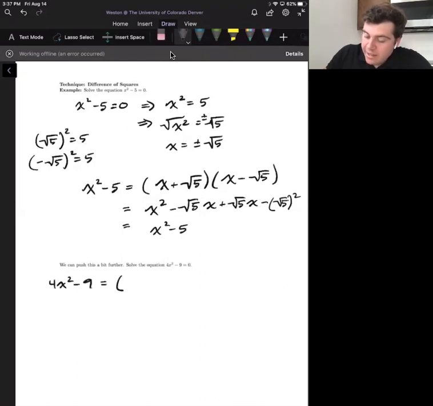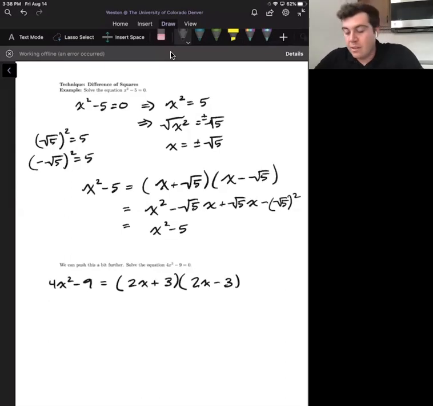We can actually just write that as taking the square root of the first term. So that's going to be 2x. And taking the square root of the second term, that's going to be a 3. 2x and a 3. And then one of these becomes plus, and the other one becomes minus. And that's the difference of squares trick.